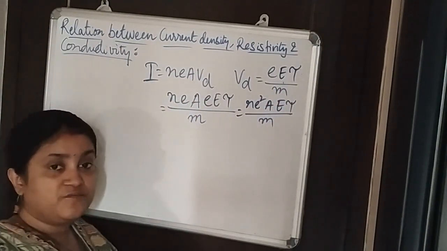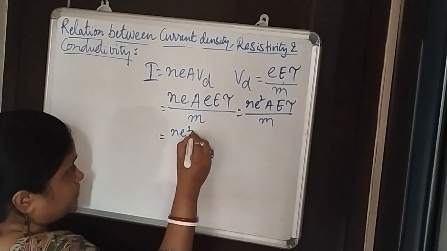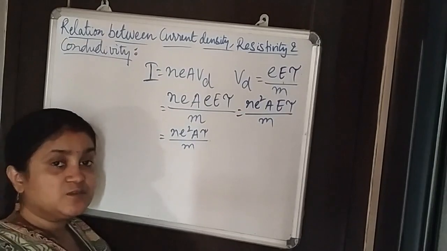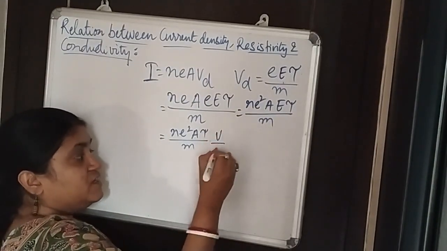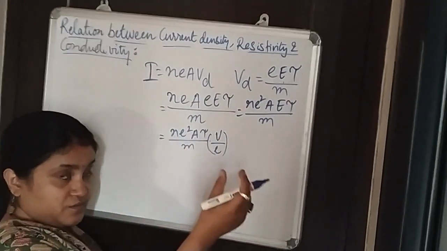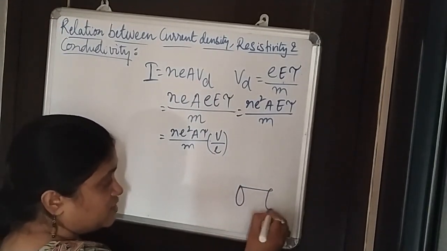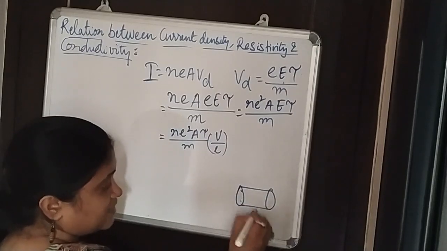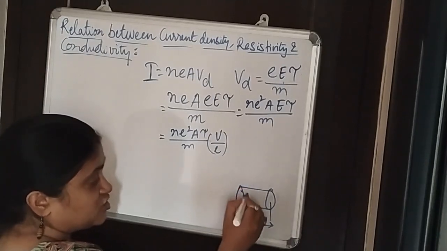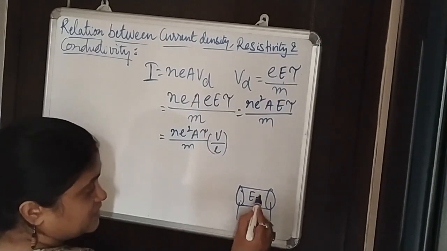So this is the expression for I, and to simplify it, we know n e square A tau by m into E. In the place of E, that is the electric field, we write V by L. As we know, E is the applied voltage divided by the length of the conductor, where we had imagined the conductor to have a length L, and we had applied a potential difference V between its ends, which sets up an internal electric field. So this E is V by L.